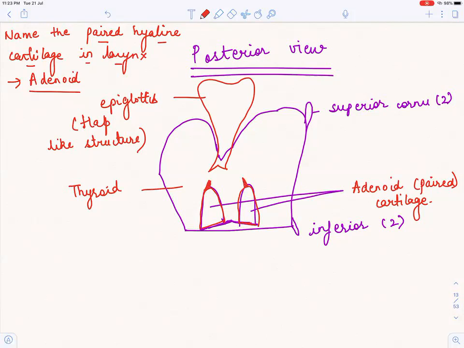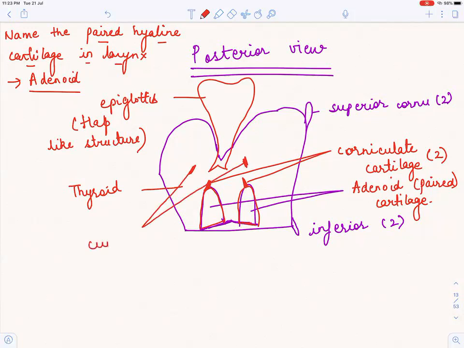These are also cartilages, the corniculate cartilages, which are also paired, 2 in number. And here there are the cuneiform cartilages. They are also paired, 2 in number.